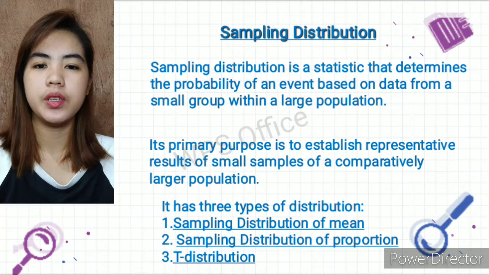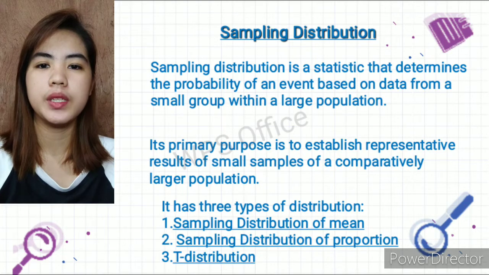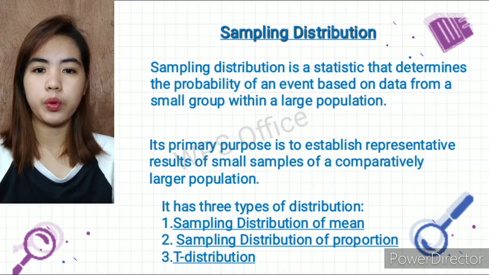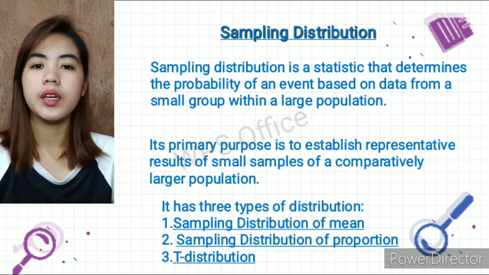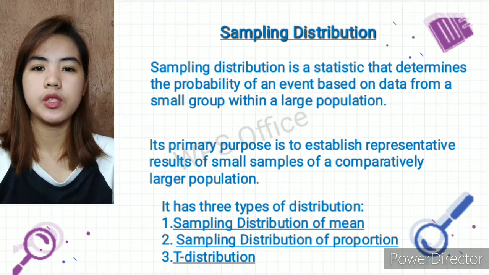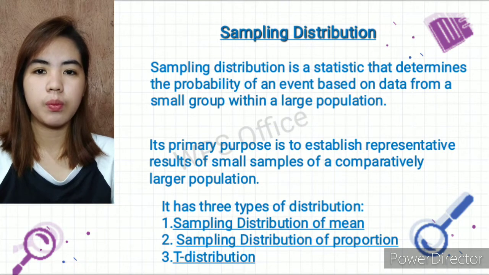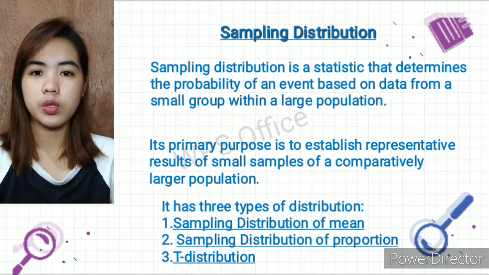Sampling distribution is a statistic that determines the probability of an event based on data from a small group within a large population. Its primary purpose is to establish representative results of small samples of a comparatively large population. Sampling distribution refers to a probability distribution of a statistic that comes from choosing random samples of a given population.